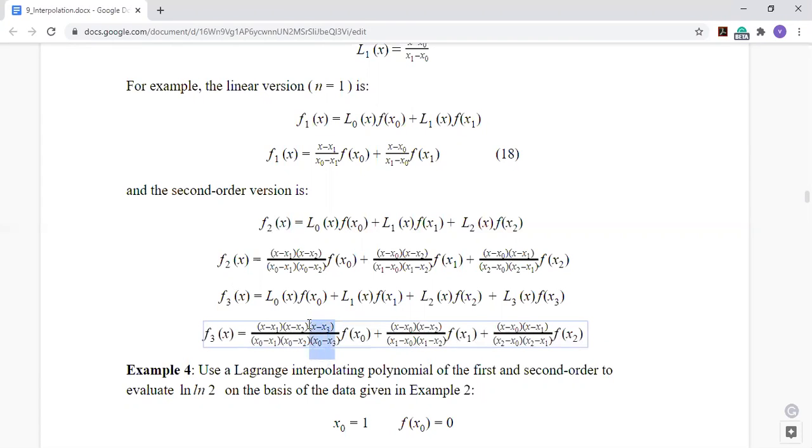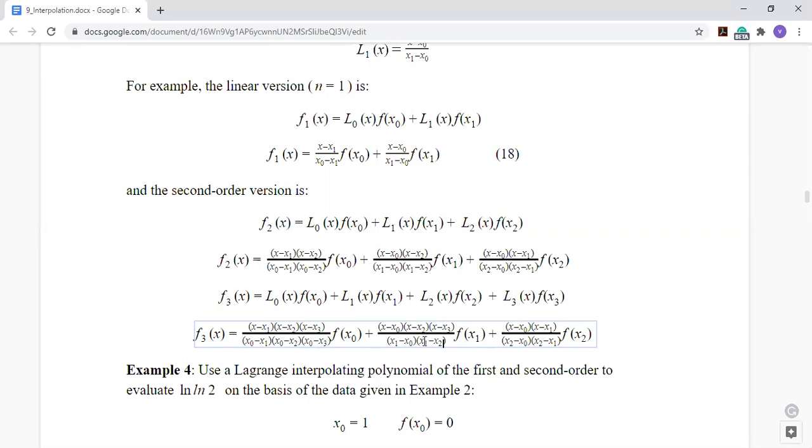I'm having troubles copying and pasting. So here is going to be x minus x3. Then below is just going to be x.